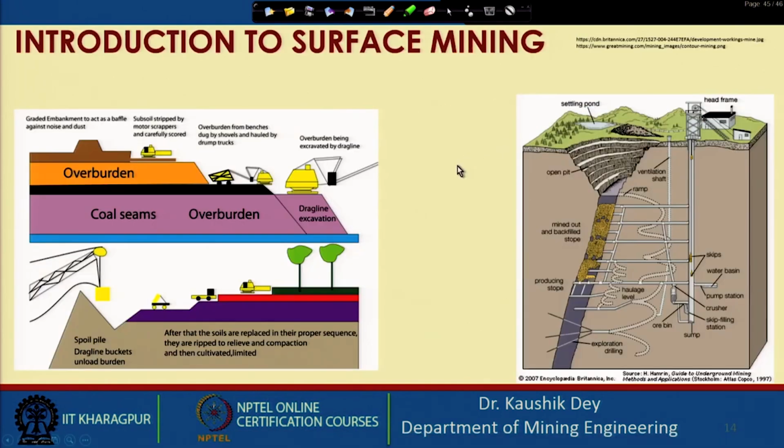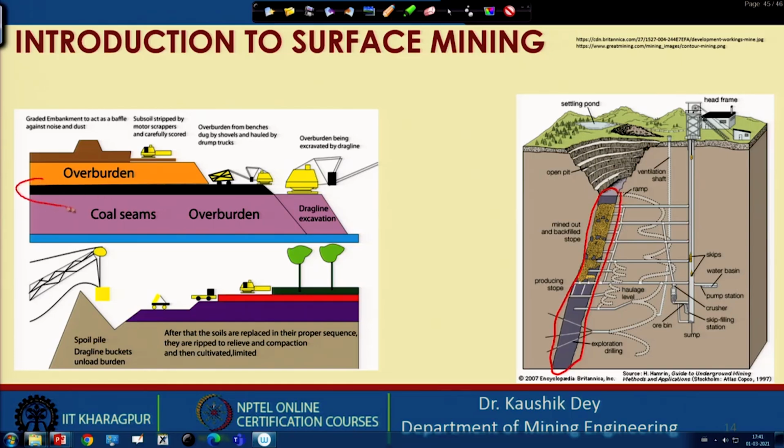Now, let us have some idea about surface mining. If the mineral deposits are occurring in the earth crust, say this is a vein deposit showing here and this is a bedded deposit showing here. Okay. So, if this is the case, how do we carry out mining?